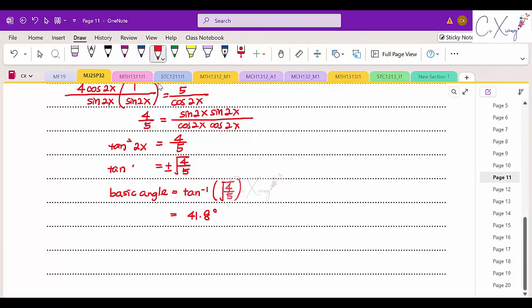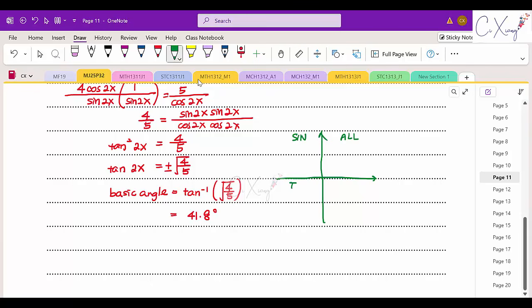So this one should be tangent 2x as well. Okay, and then our basic angle is 41.8, and we have to go through the quadrant to get the answer for this equation. And then how many quadrant I need to go through? I need to know how many quadrant I need to go through to get the final answer.